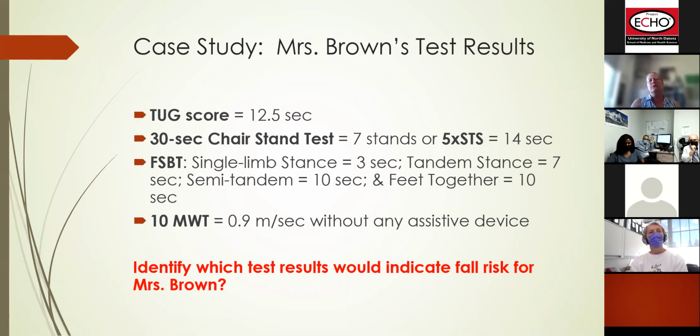When we did her 4-stage balance test, her single limb stance was 3 seconds, standing on one leg. Her tandem stance, she could only stand for 7 seconds, but she did pretty good with both feet closer together. When we did the 10-meter walk test, she had 0.9 meters per second without an assistive device. What does that tell you about fall risk with her scores?